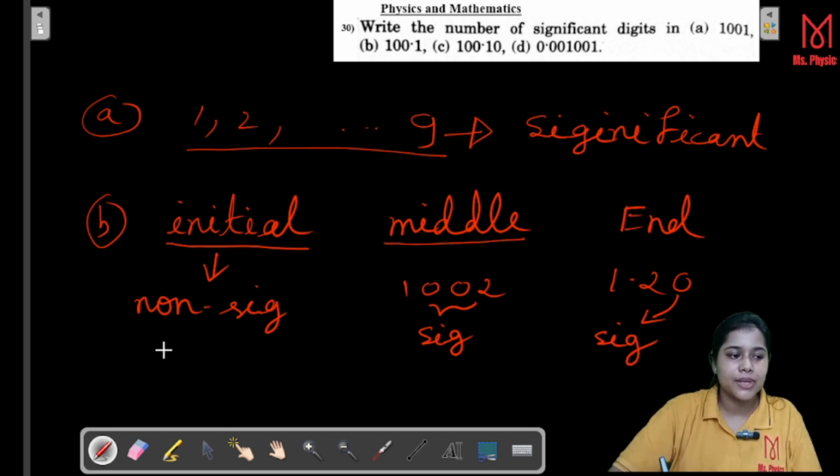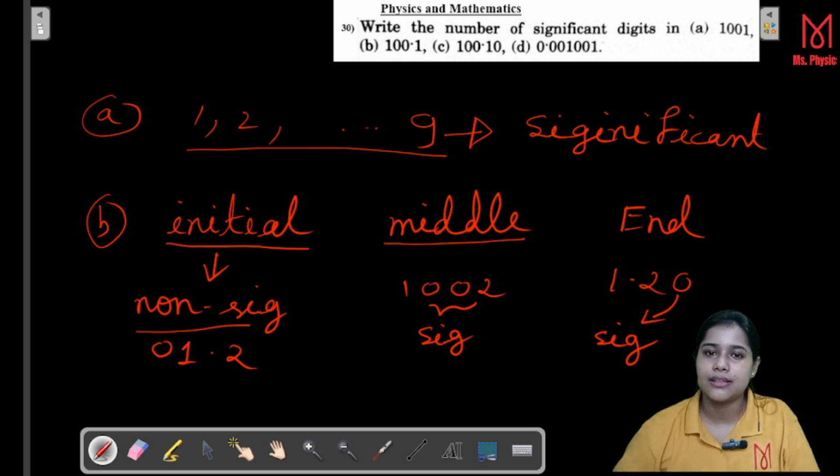And an example is suppose 0.12. See, only the 0 has come at the initial place, so this 0 is considered as a non-significant digit. Okay, clear?